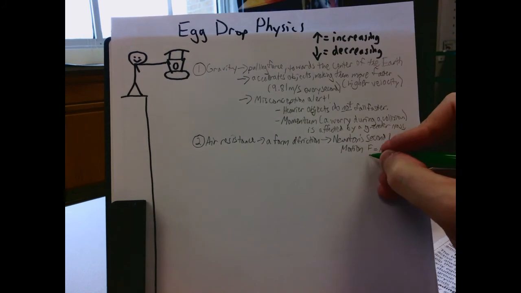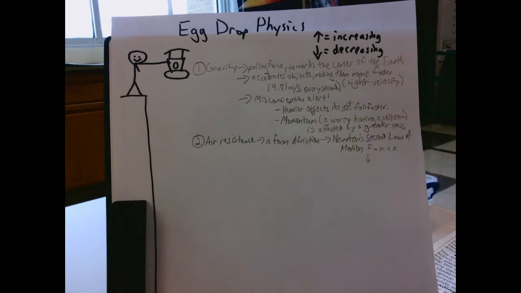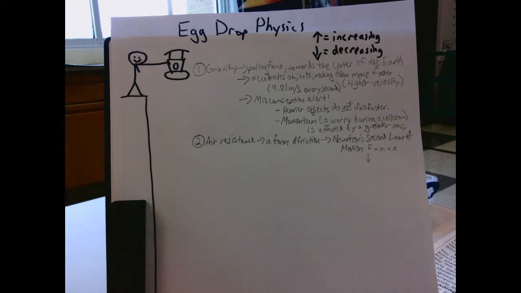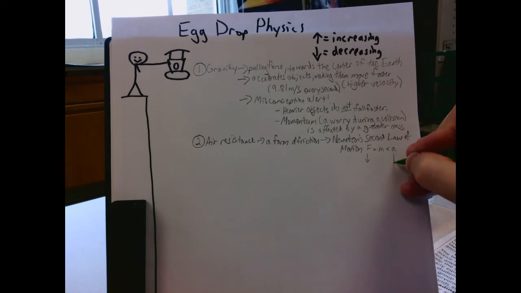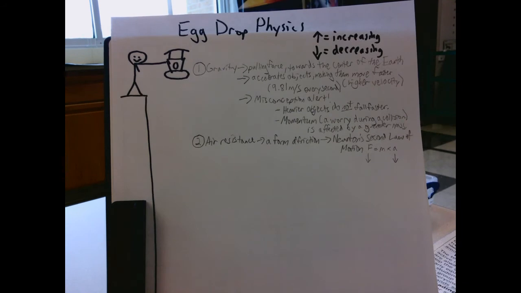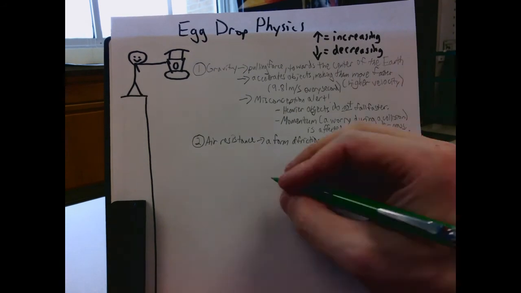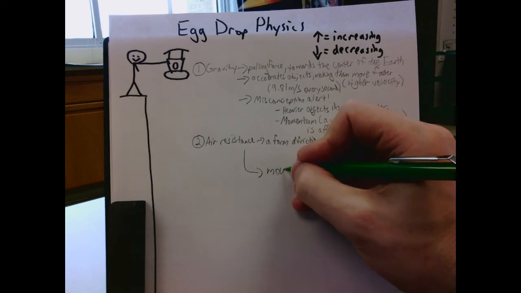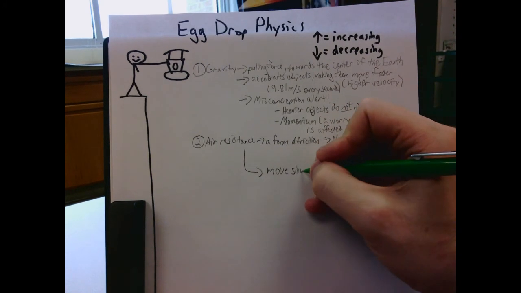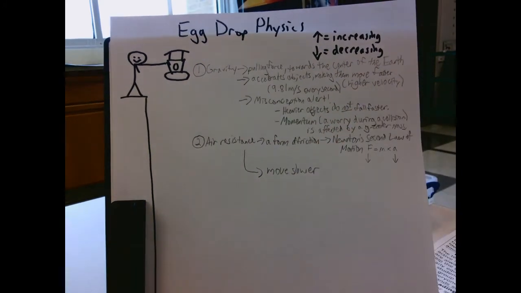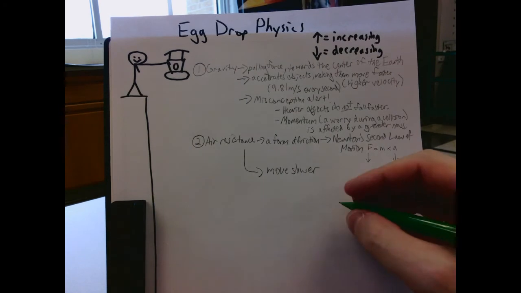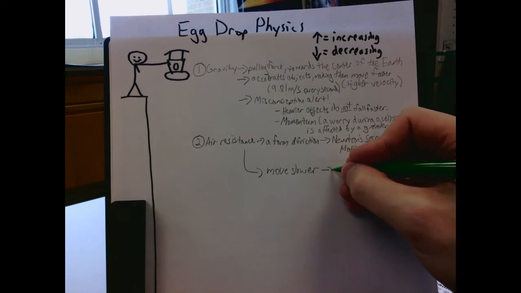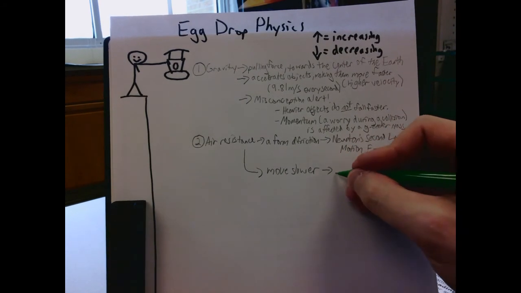If you decrease the amount of force acting on an object, like the force of gravity pulling on the object, you lower its acceleration. So in this case, what air resistance is doing is causing an object to move slower, and you can do that with a bunch of different devices.